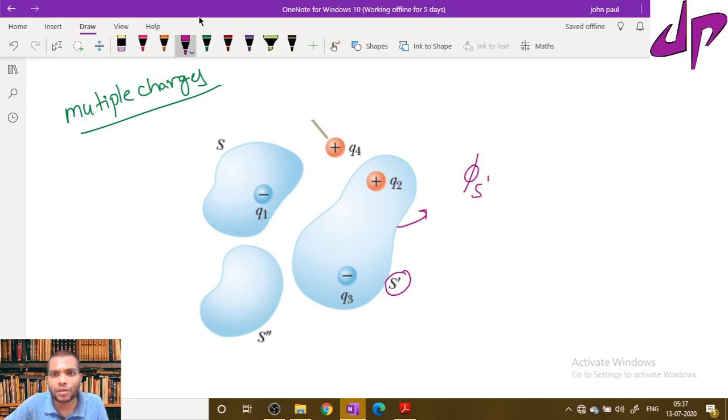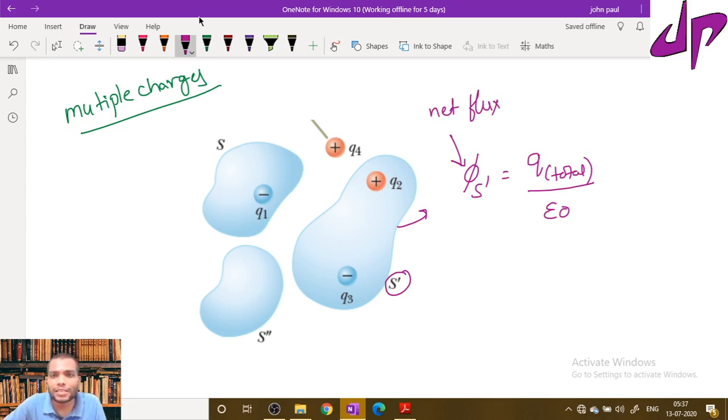The net flux through the surface S dash is equal to the total charge divided by epsilon naught. Since the Gaussian surface encloses both the positive charge and the negative charge, to write the net flux we need to add the total charge.